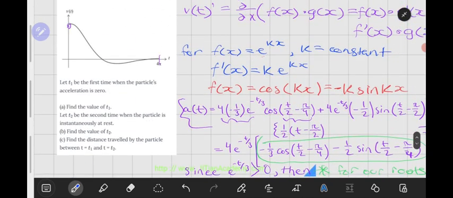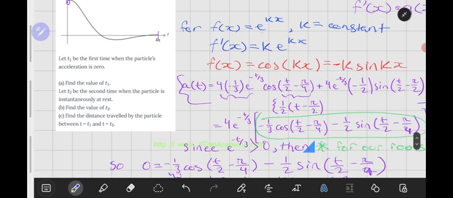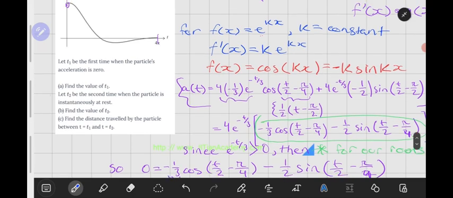Now for question B. We are asked to find the value of t2, right here, where t2 is the second time our particle is instantaneously at rest, which would probably be somewhere around here.